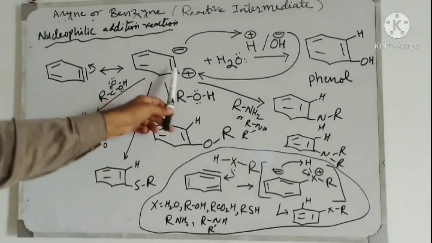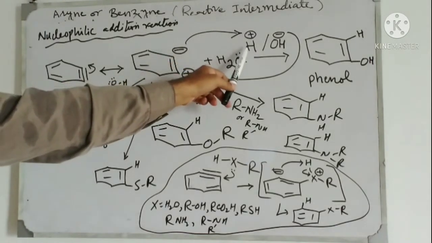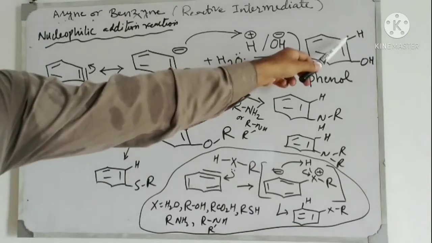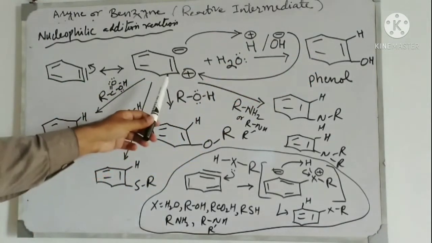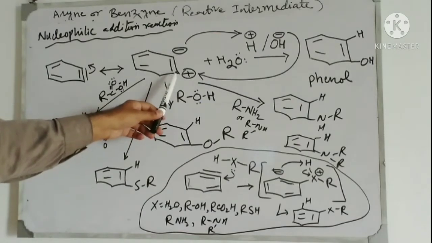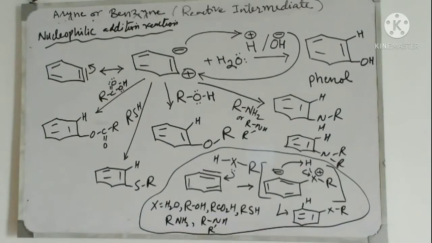The negative charge takes the proton, and the hydroxide ion attacks the positive end to make phenol. This is how benzyne reacts with a nucleophile.